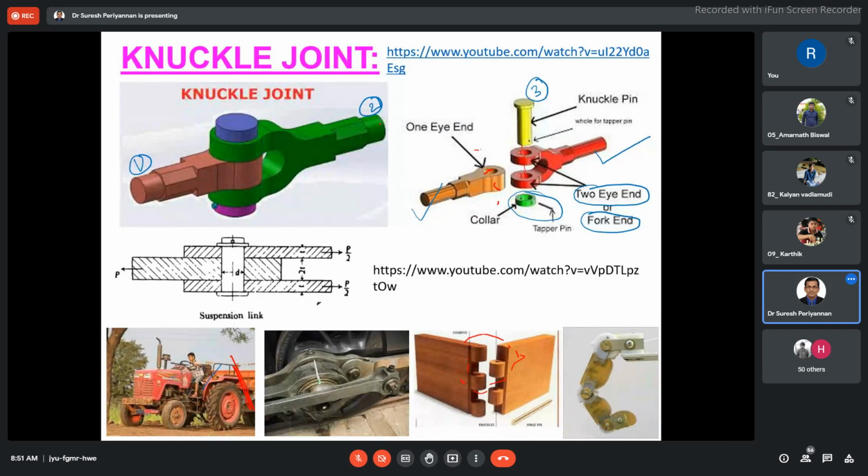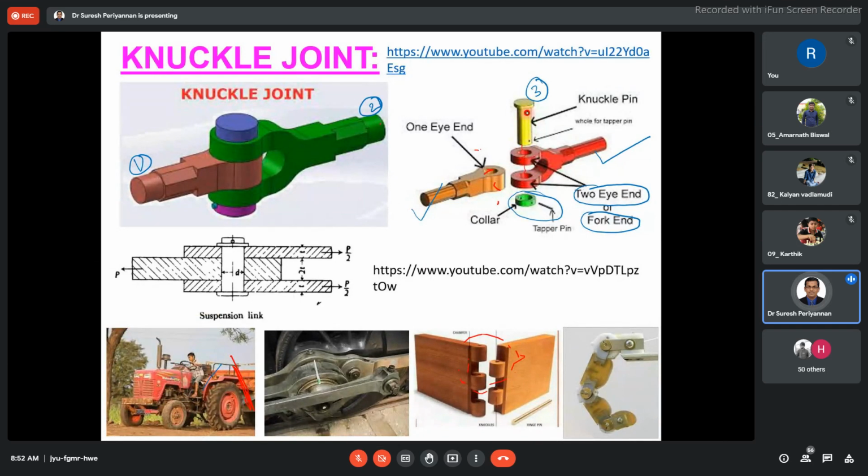The construction is what we just discussed. First we have to insert this eye end inside the fork, in this slot. Once this hole and this hole match and the orientation is proper, then we insert the pin through the fork end and eye end.